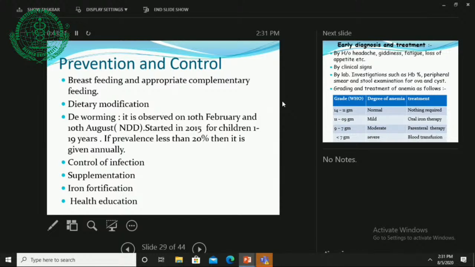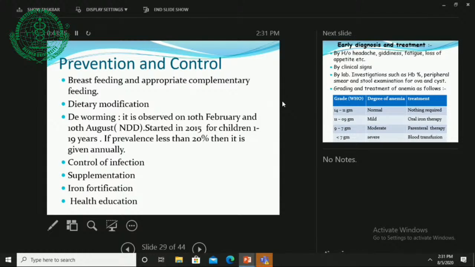This was started in 2015 for children in the age group 1 to 19 years. To begin with, it was only for children from 1 year to 19 years, but now they have broadened this even to other vulnerable groups like women of reproductive age group, pregnant mothers, lactating mothers.